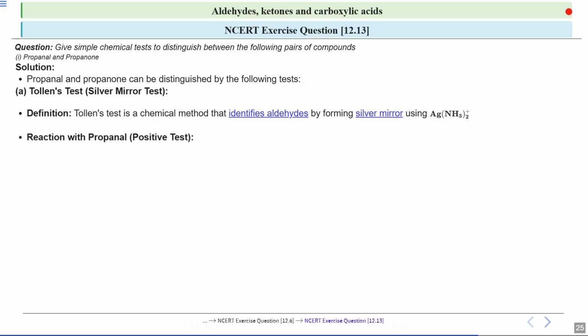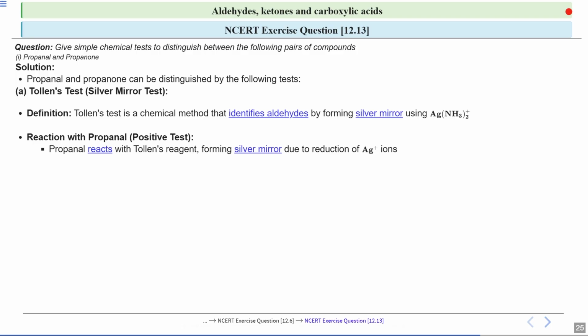Now if we see how propanal reacts with Tollens reagent, since propanal is an aldehyde, it will react and produce a silver mirror. The aldehyde group in propanal reduces the silver ion to metallic silver, which appears as a mirror on the inside of the test tube.